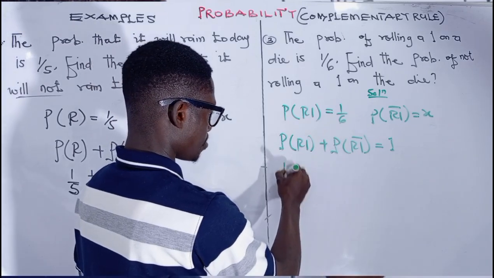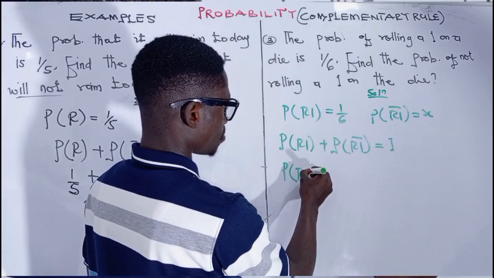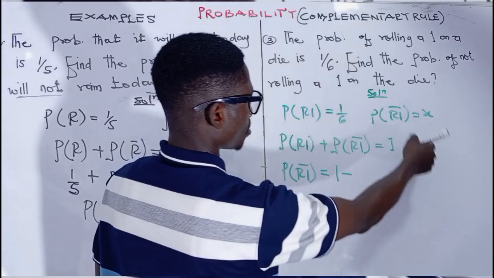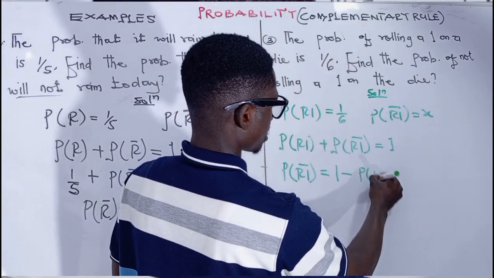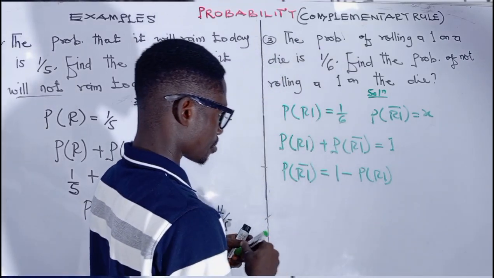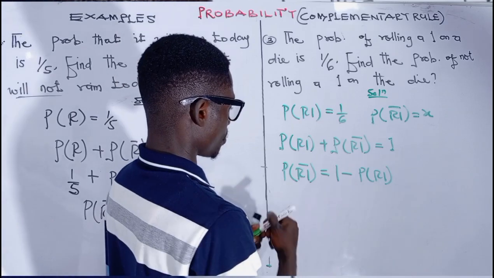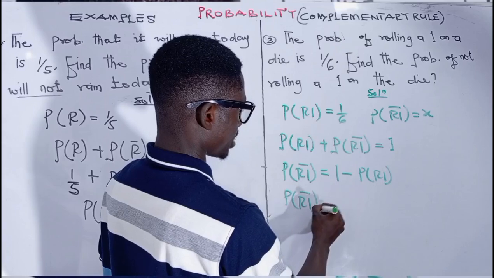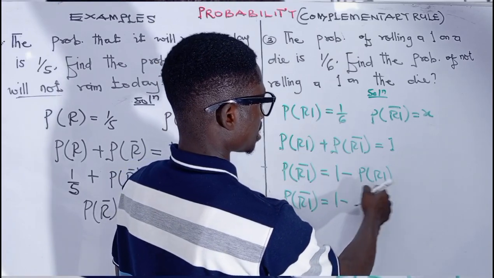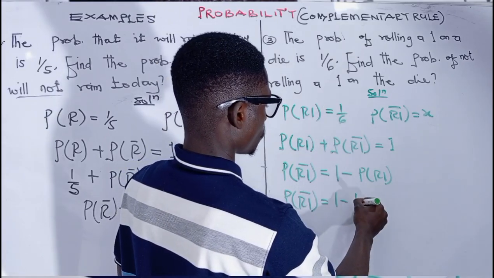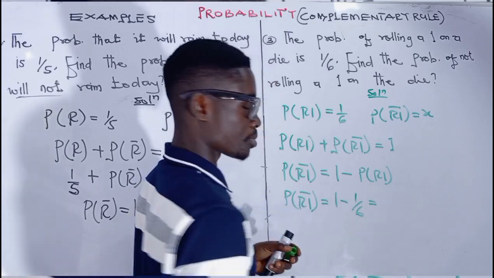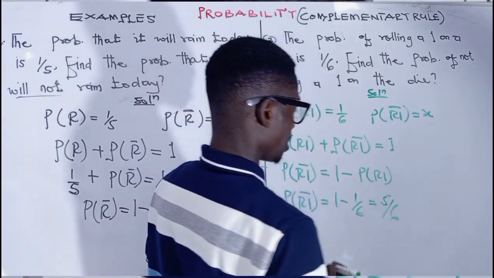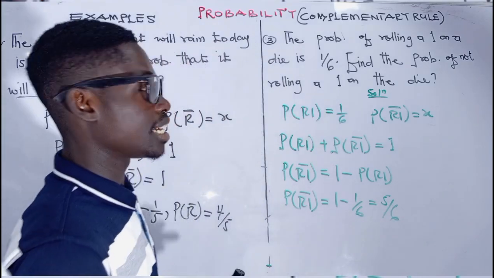So you can say that the probability of not rolling a 1 on the die is giving us 1 minus, then we transpose the whole of this to the other side. So we have the probability of not rolling a 1 on the die. We have 1 minus, we had this to be what? 1 all over 6. And when you do the subtraction, you are going to get what? 5 all over 6. Very, very easy and simple.